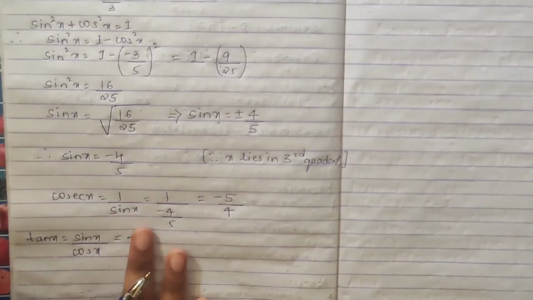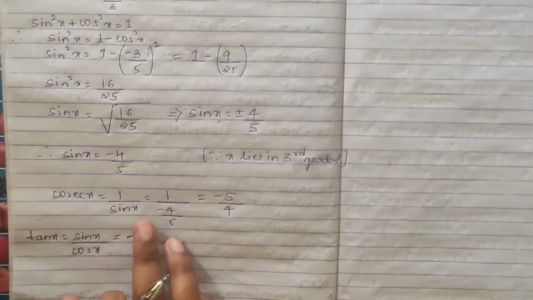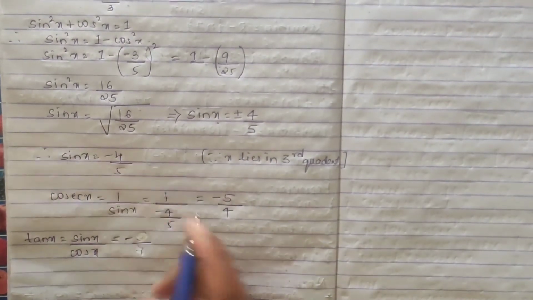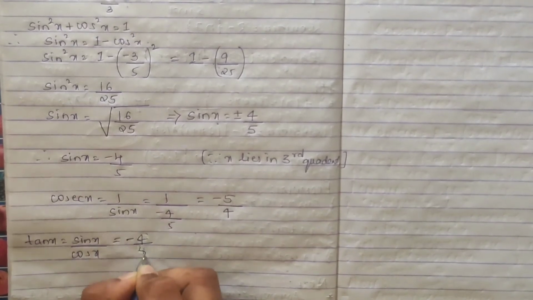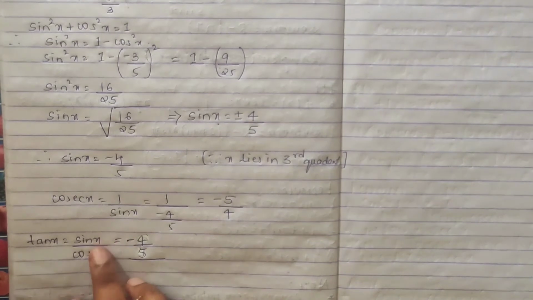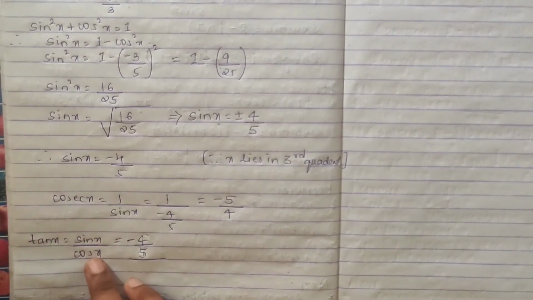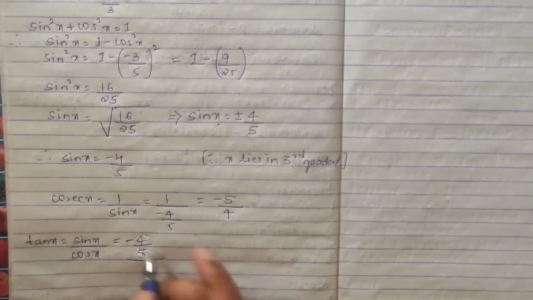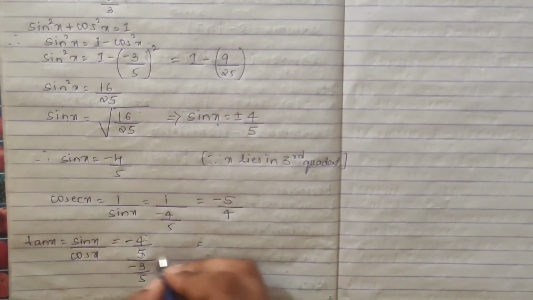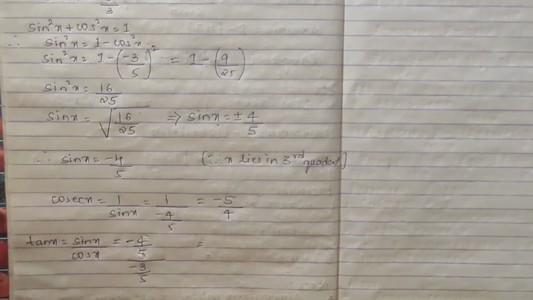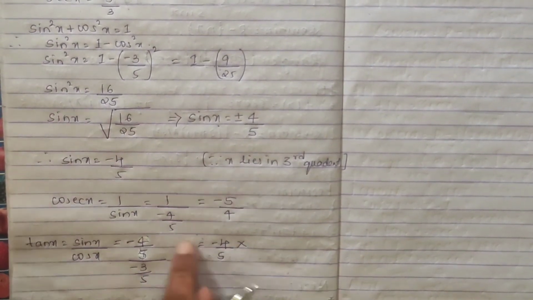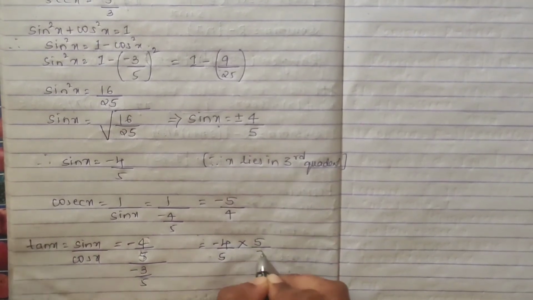Now you need to find tan. Tan is sine by cos. Sine is minus 4 by 5, then divided by cos. Cos they have already given, minus 3 by 5. If we simplify it, minus 4 by 5, the reciprocal becomes 5 by 3.